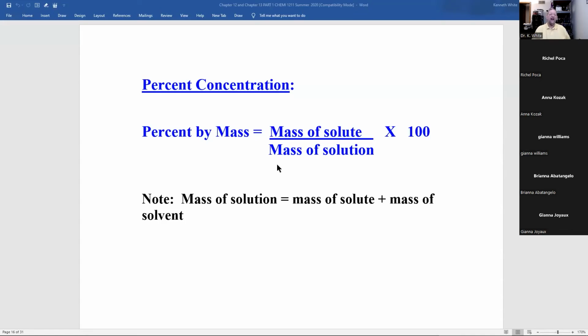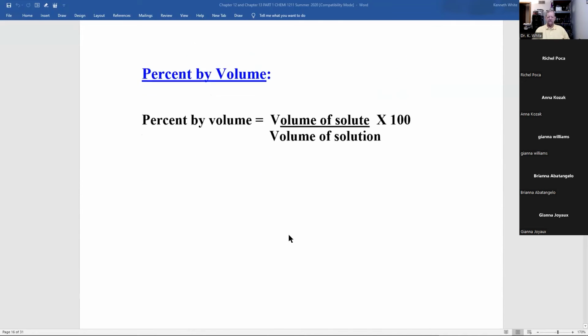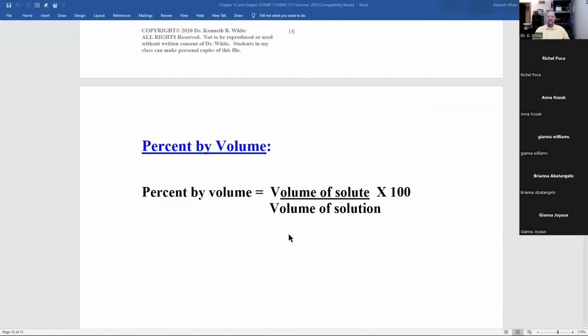All right, that's percent concentration. Now, there's another way of measuring concentration. Remember, concentration is how much of a solute is present in a solution. The other way is by percent volume.